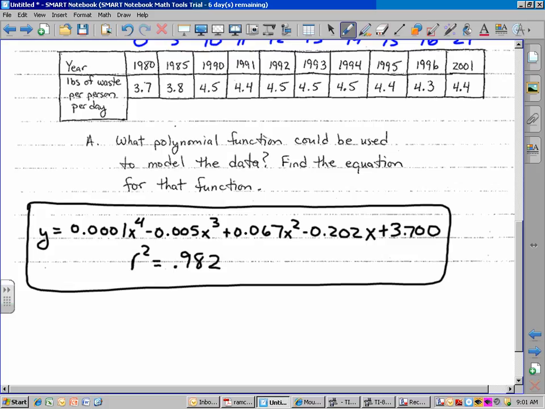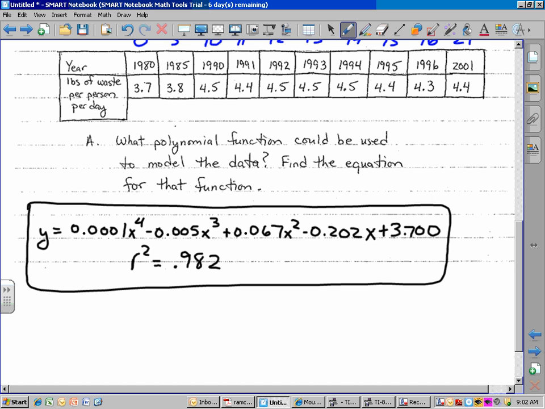So this is the best guess. One of the other models might actually be a better predictor. We won't know that till we get more data. But we made a best guess. This is what we think is going to work. That's the equation. So let's move on.